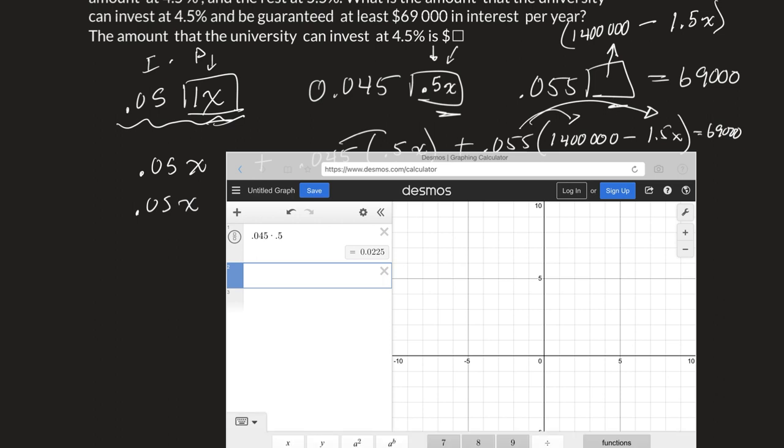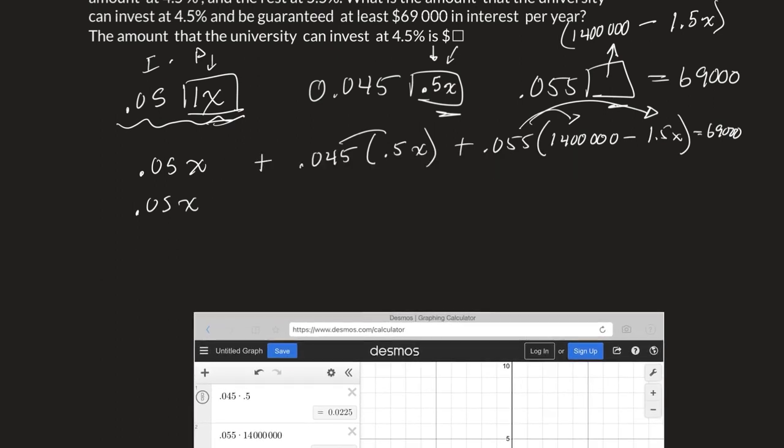It'll be 0.055 times 1,400,000, and then 0.055 times negative 1.5x. Let me write all those numbers down.